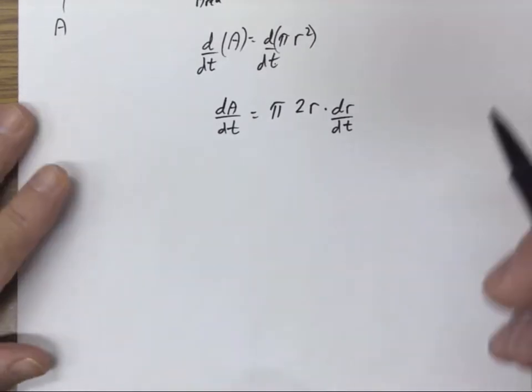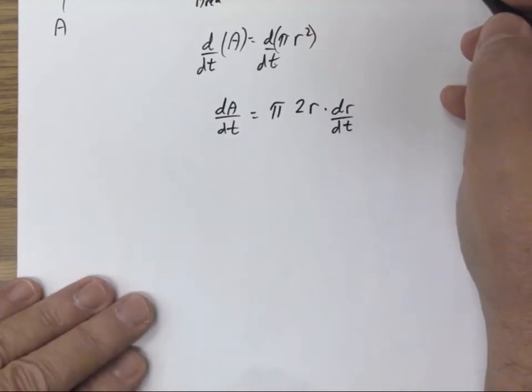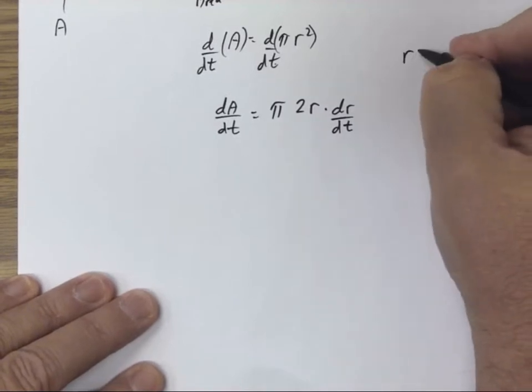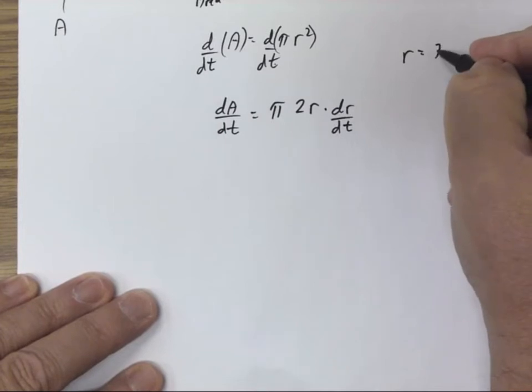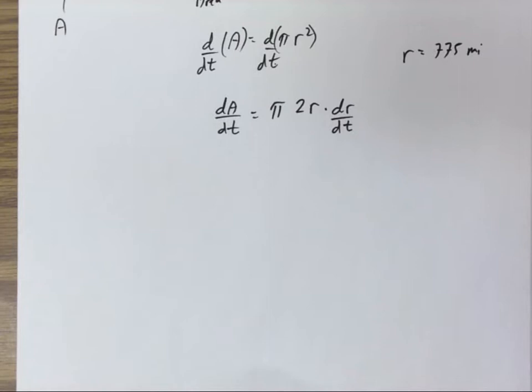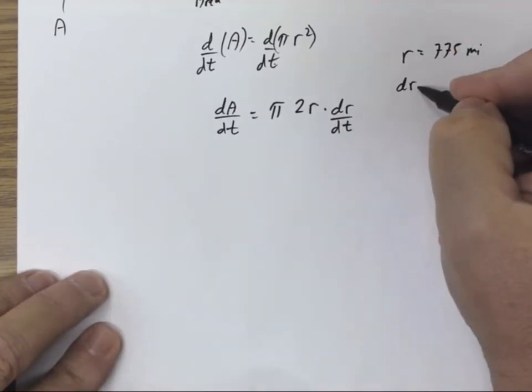Now ultimately, here's the information they gave us in our problem. They're looking at a specific point in time, 2013, and they said the radius of the ice cap is 775 miles. And at this point in time, the radius was shrinking.